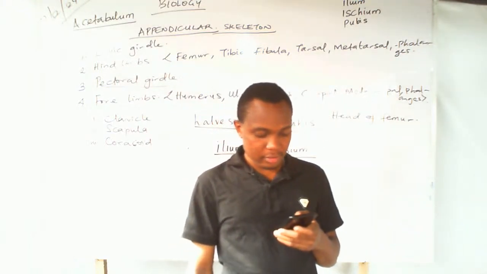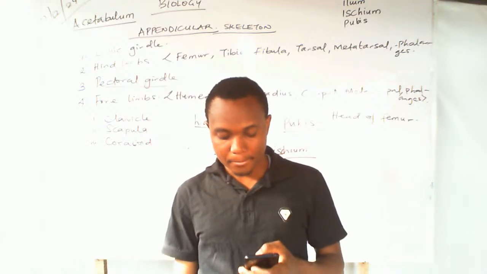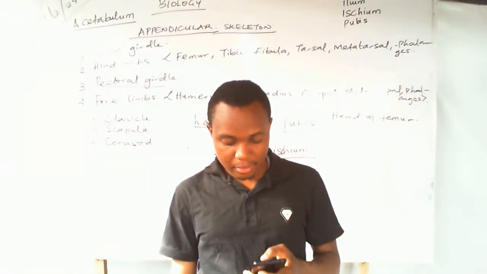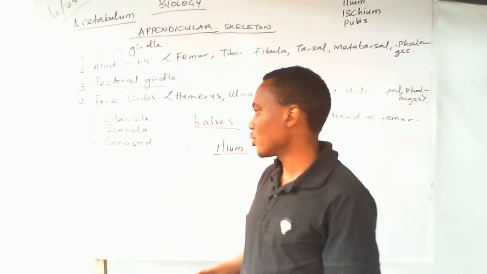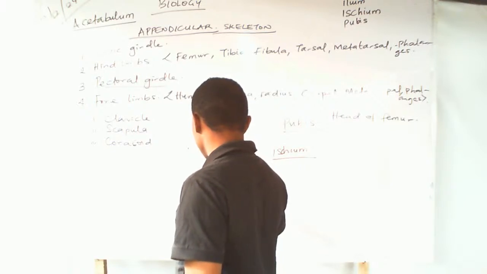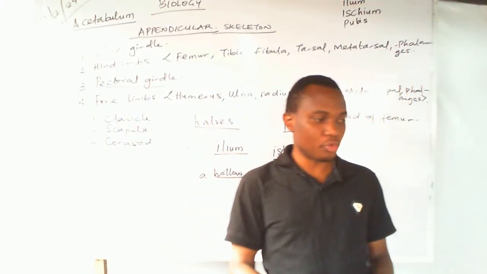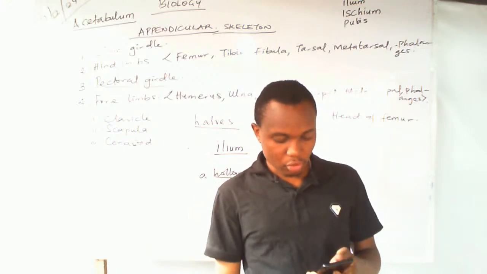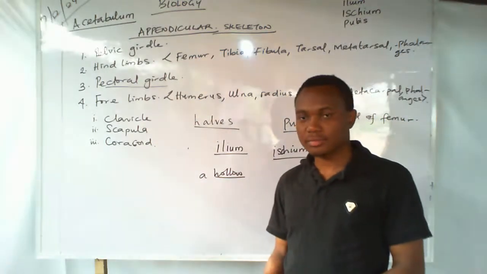The scapula is a flat triangular bone with a hollow, called the glenoid cavity.